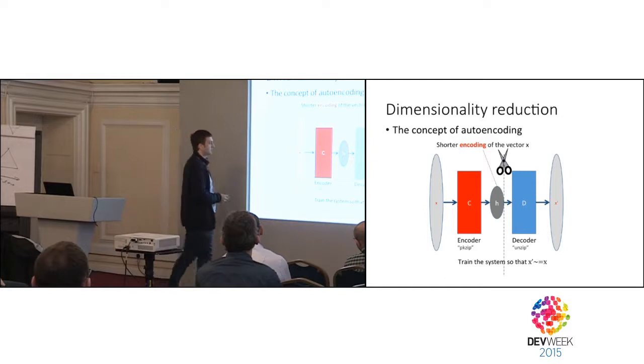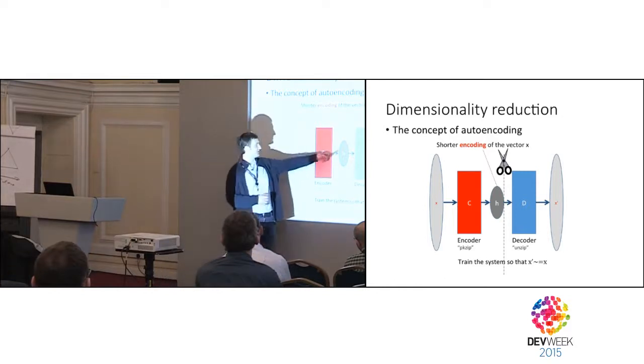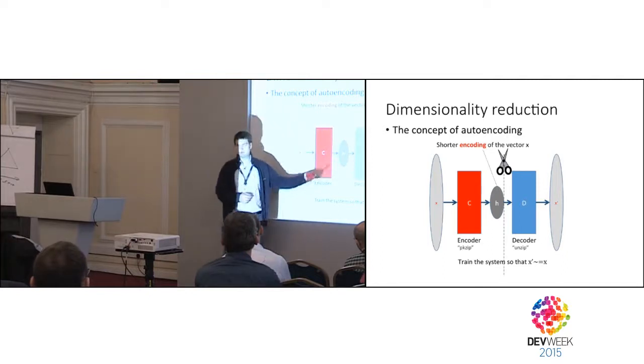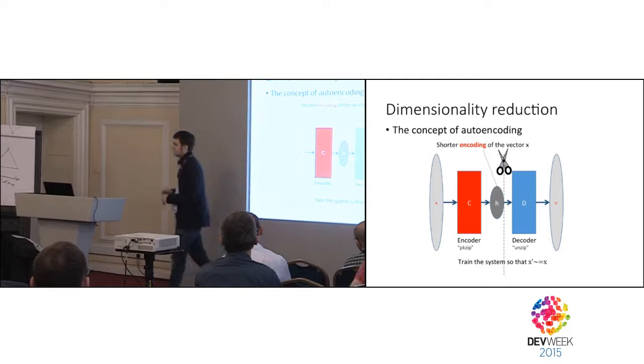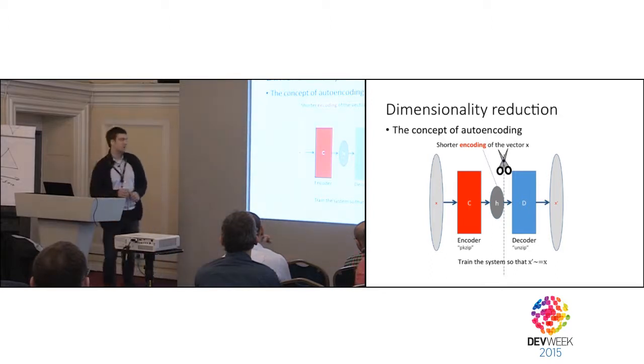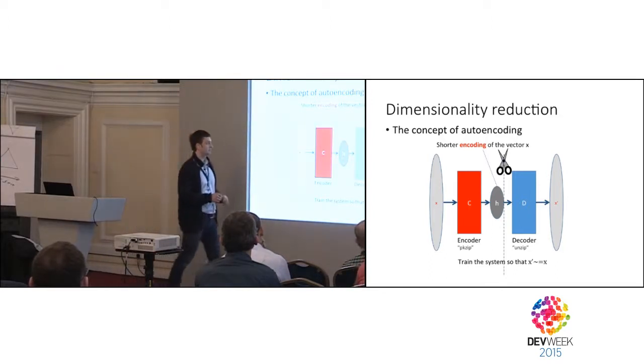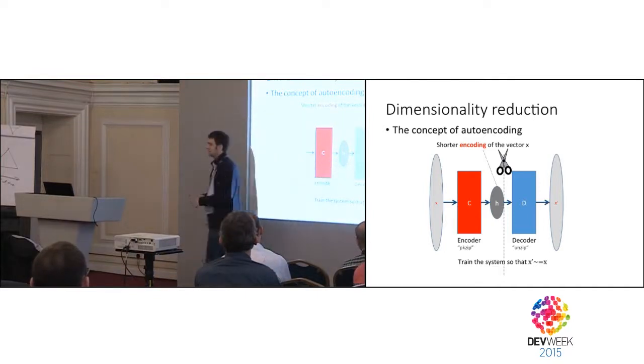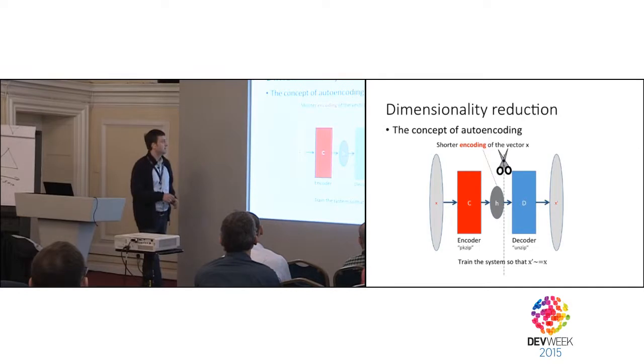And what we ideally would like to have is some kind of smaller, compact representation of the data, something like a zipped or compressed version of our data that would be much lower dimensional than the original one.